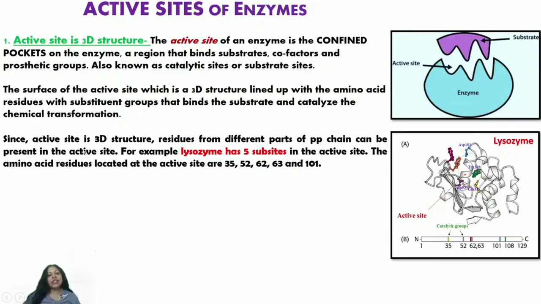Correct? So, since active site is three-dimensional in its structure, it is possible that residues from different parts of the polypeptide chain can be present in the active site to perform the catalytic function. Clear?